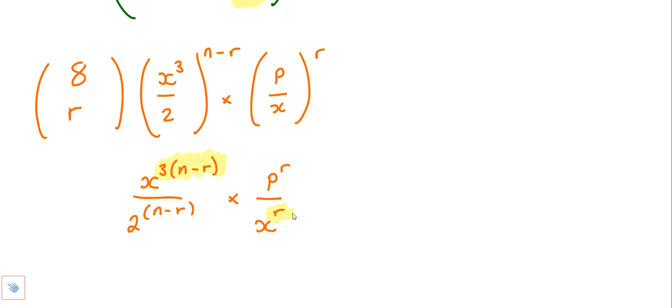Does that make sense? So we've got 3n minus 3r has to equal r. What do we have in this case? We have 2 unknowns and 1 equation.